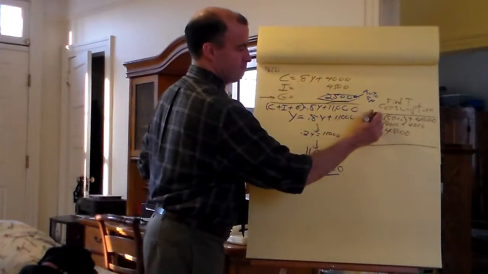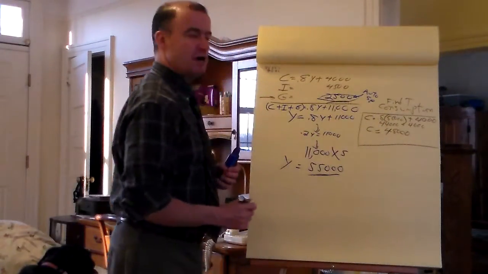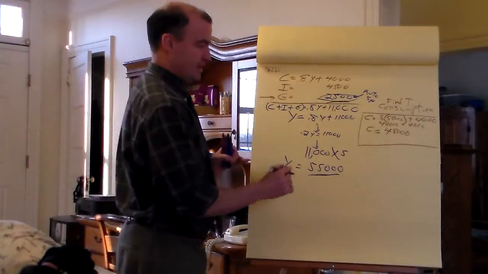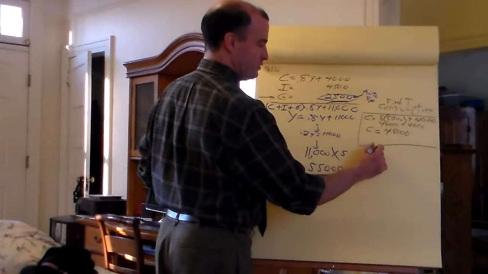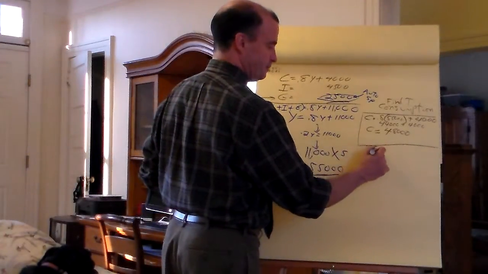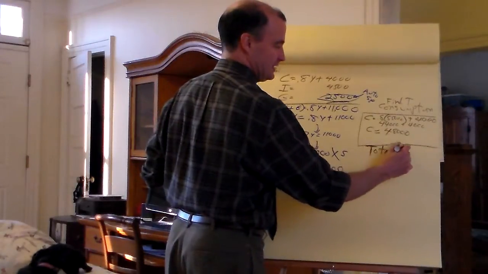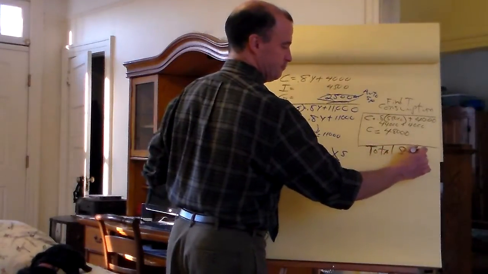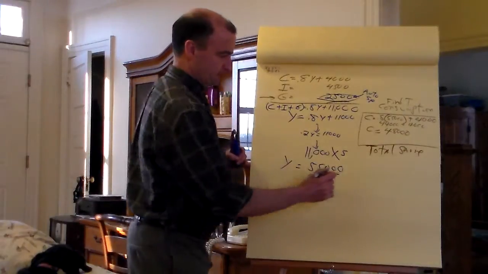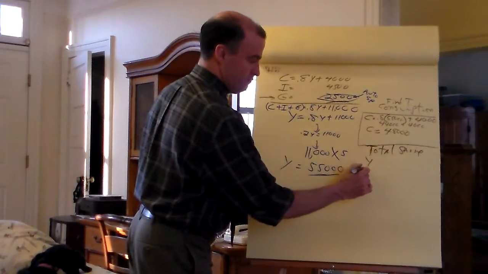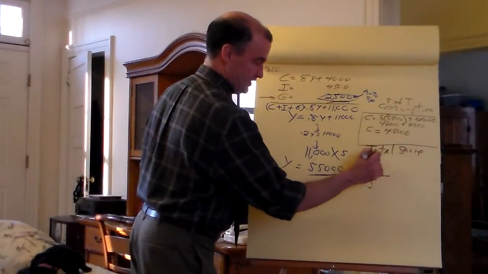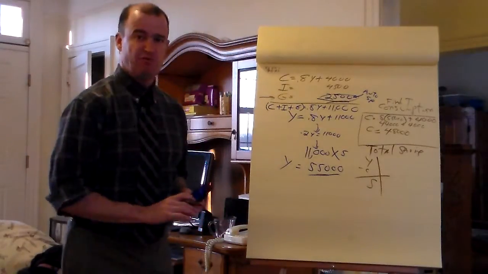That seems about right. We'll know it's right after the next step, where we find total what? Total saving. Y minus C equals S. Stay with the same formula.